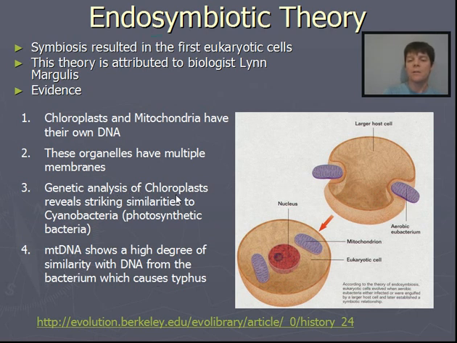The genetic analysis of chloroplasts, the DNA that chloroplasts have, has been found to be very similar to the DNA that's found in cyanobacteria. These are photosynthetic bacteria. And the mtDNA, this is mitochondrial DNA, shows a very high degree of similarity with the DNA of a species of bacteria that causes the disease typhus. So again, this is a very interesting theory which attempts to explain the origin of more complex cells, eukaryotic cells, and there's a lot of evidence that does back up this idea.